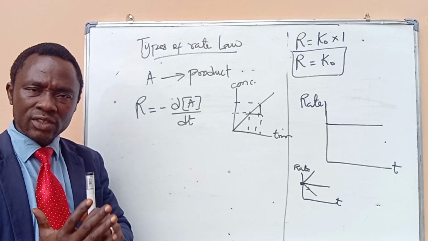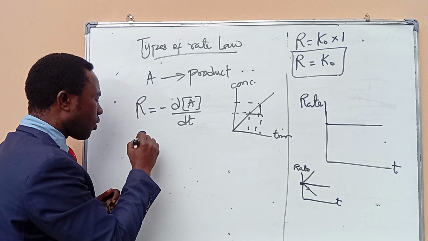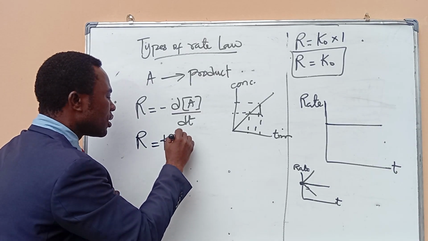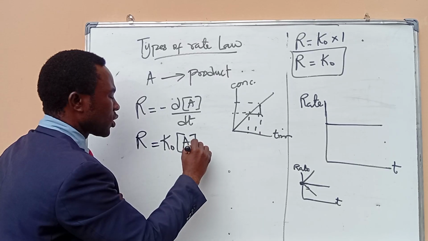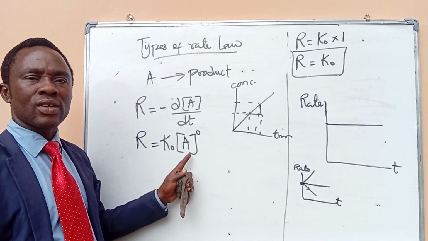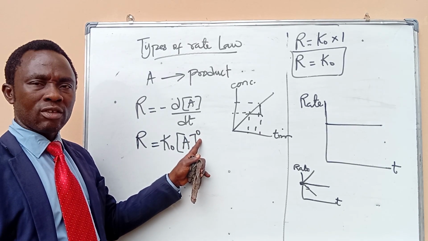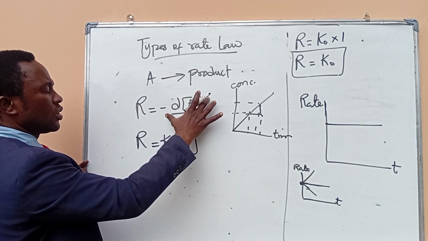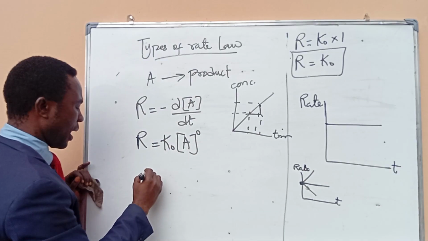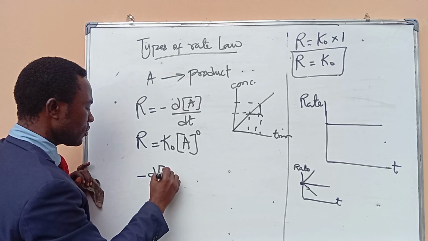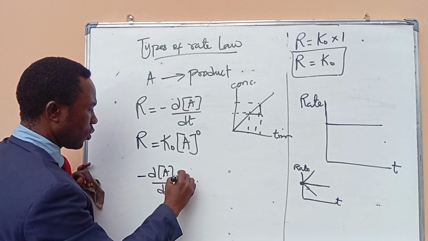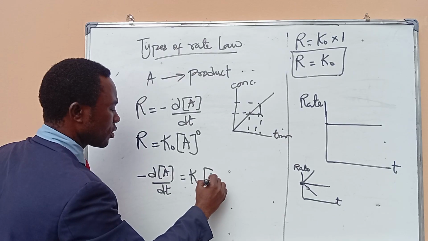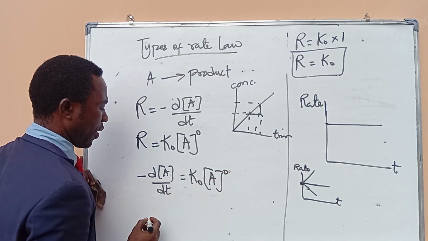Now, from the rate law, we have that the rate for a zero order reaction, R, is equal to K0 multiplied by the concentration of the reactant raised to power 0, to show that it is a zero order reaction. If rate is equal to this and rate is equal to this, it means that minus d[A]/dt will be equal to K0 times the concentration of A raised to power 0.